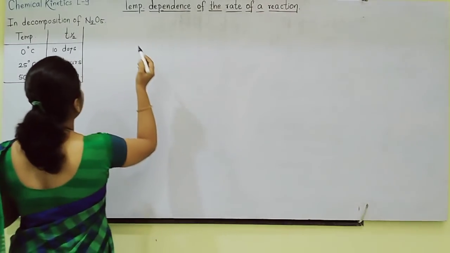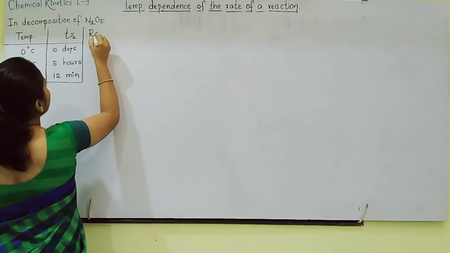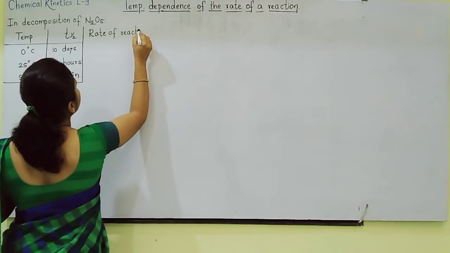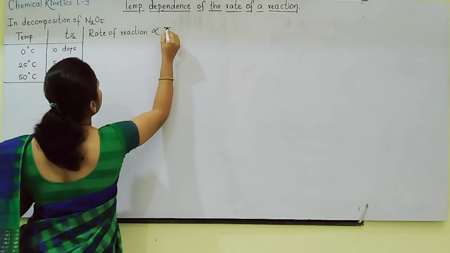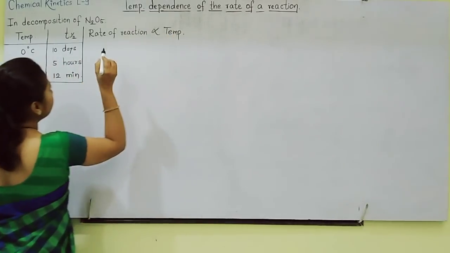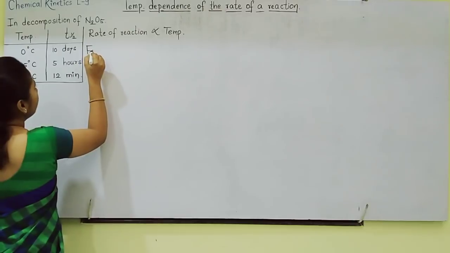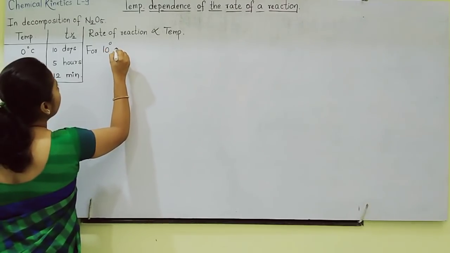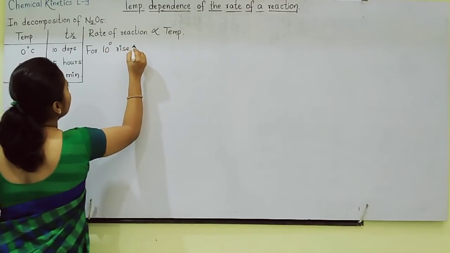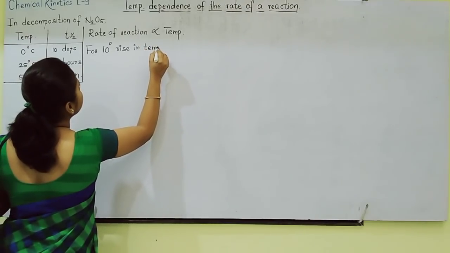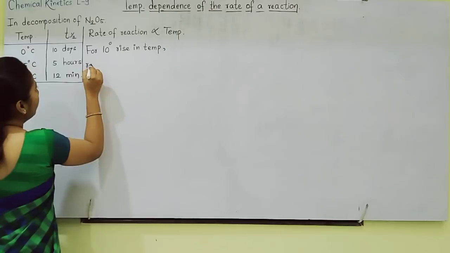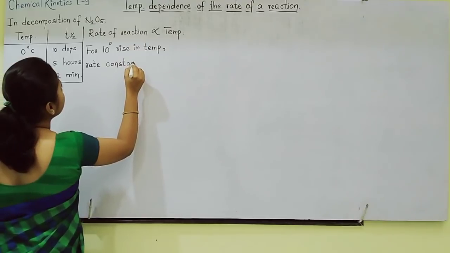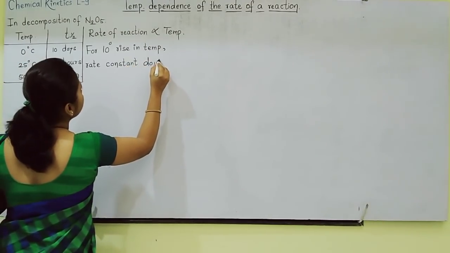So here, how they are related. Rate of reaction is directly proportional to temperature. The exact relationship is: for a 10-degree rise in temperature, rate constant doubles.